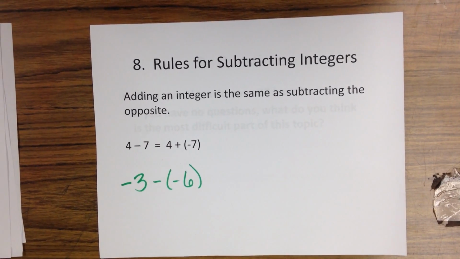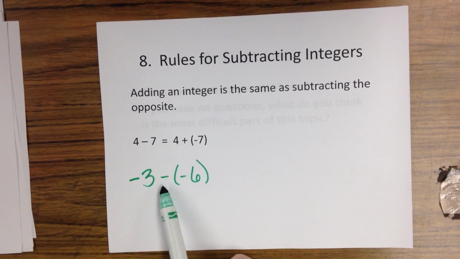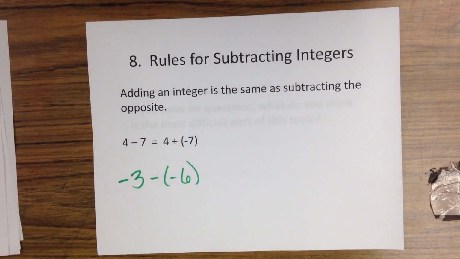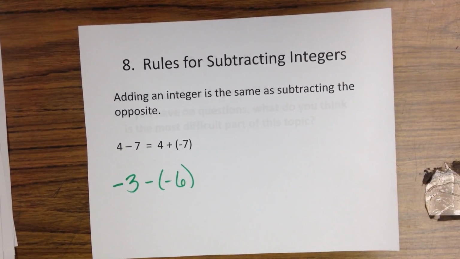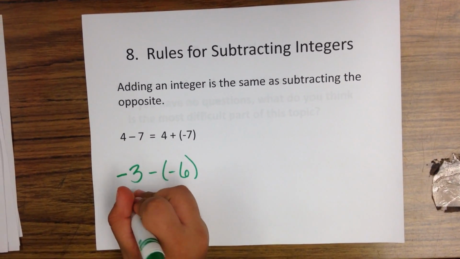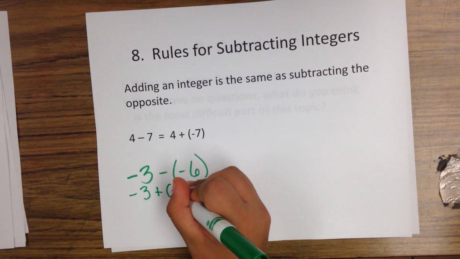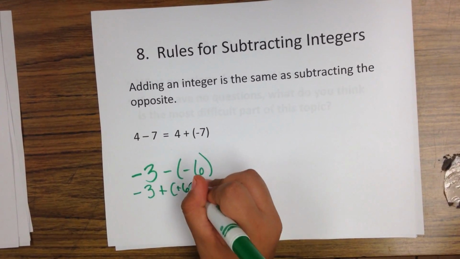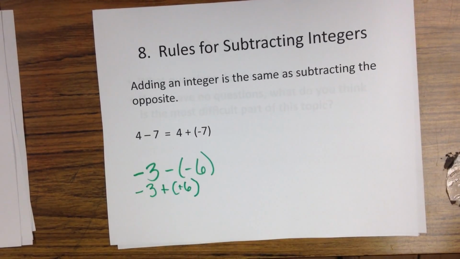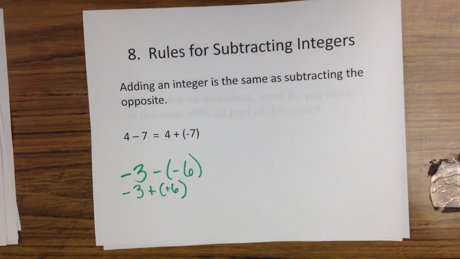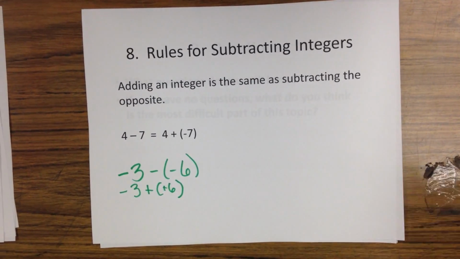Now Monica is going to rewrite negative 3 minus negative 6 as an addition problem. What do you guys think? Did she get that right? She sure did. Thanks, Monica.